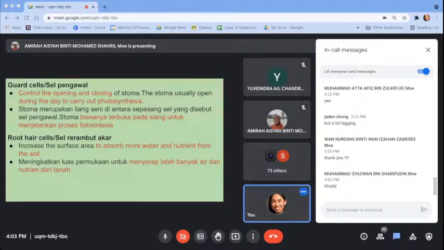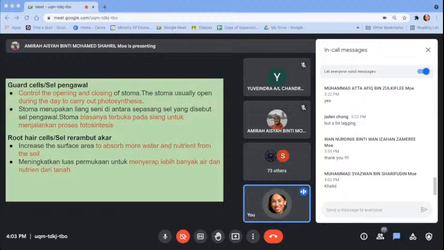Soalan itu akan kita buat dalam bentuk game. Setiap kumpulan sila PM cikgu soalan, nanti saya akan sediakan game untuk kamu ambil bahagian.